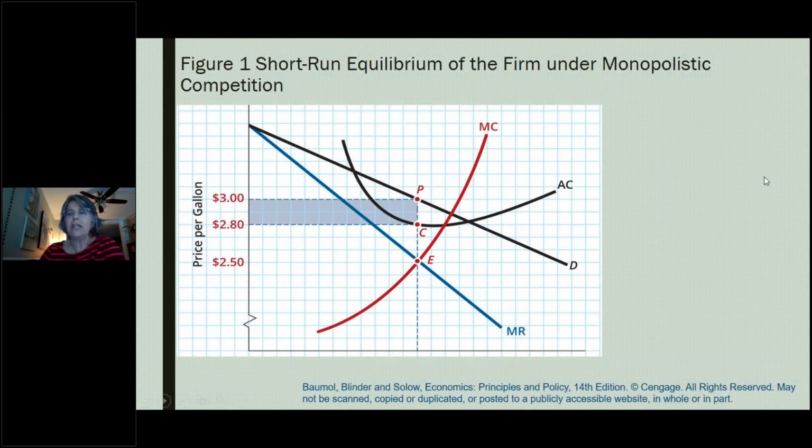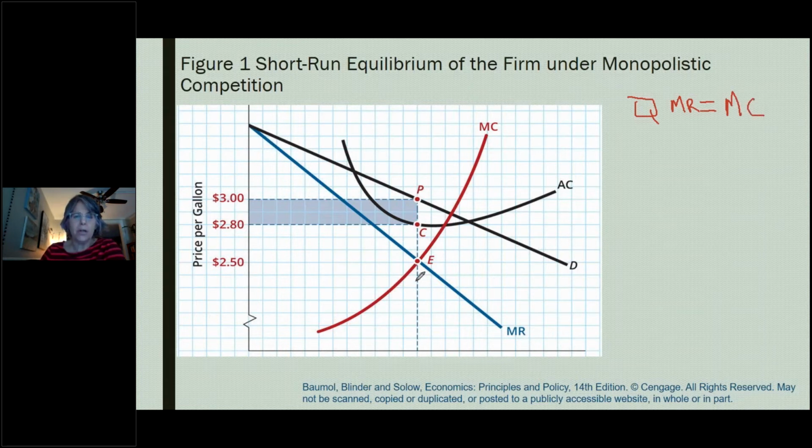I wish I could type over here instead of write in that goofy way. How do we determine Q? The way that we determine Q, like I said, I apologize for my bad writing, is I'm going to always produce where marginal revenue equals marginal cost.